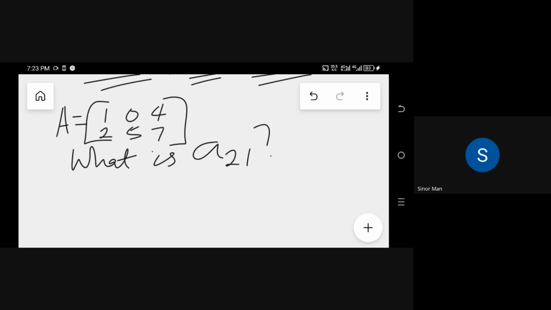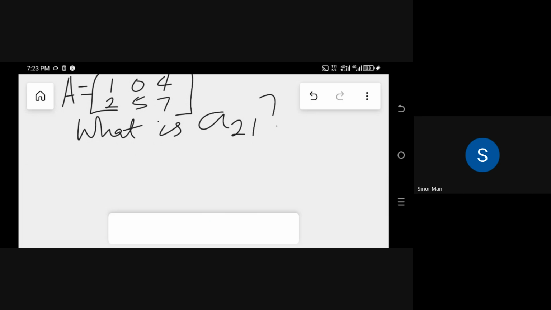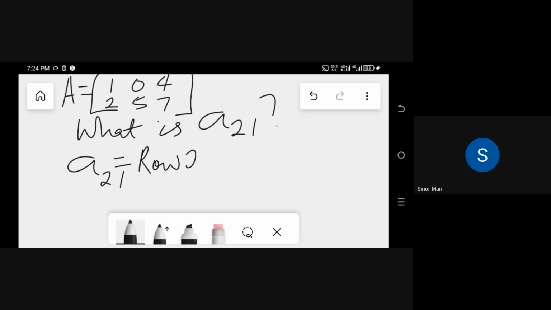So here we have to identify what a21 means first. The a21, that's a base 21, is the element in row 2, column 1.